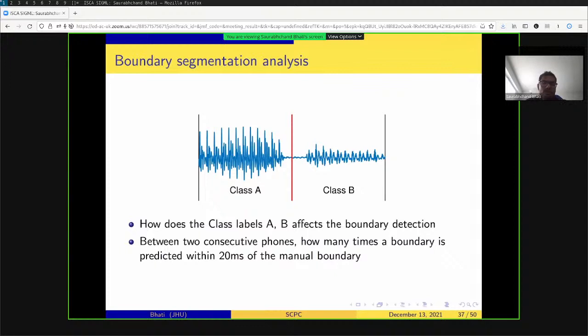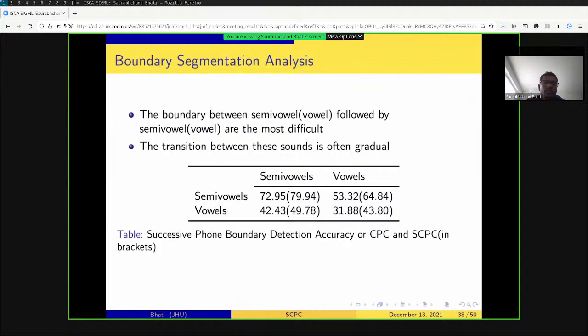And then we made this huge table, which tells us how easy or how difficult it is to predict a boundary between two different classes. And we found out that the boundary between a semi-vowel or a vowel followed by another semi-vowel or vowel are the most difficult. You can look at the entire big table in the paper, but these were some of the lowest numbers that we saw.